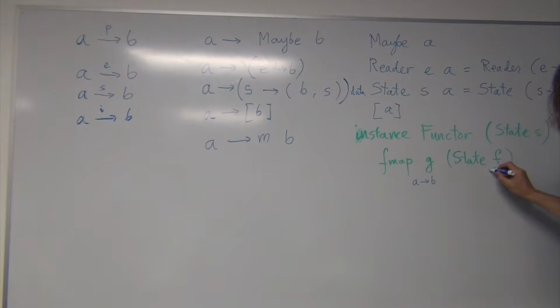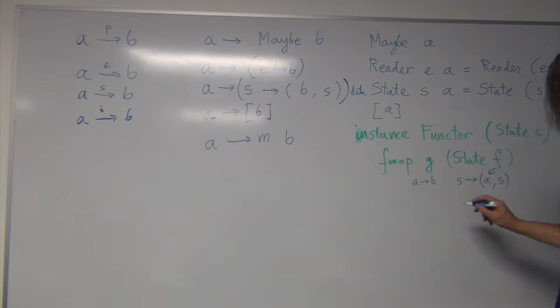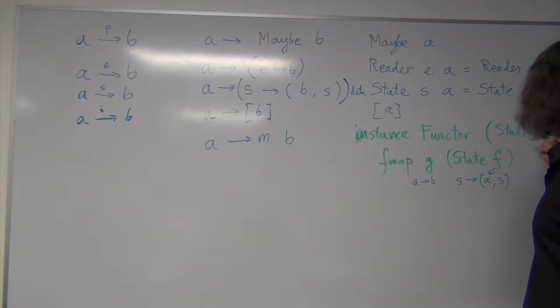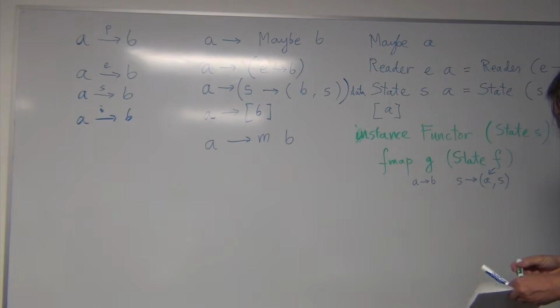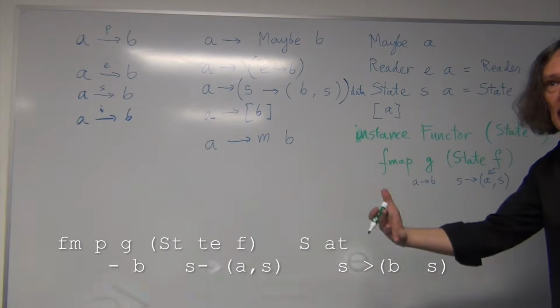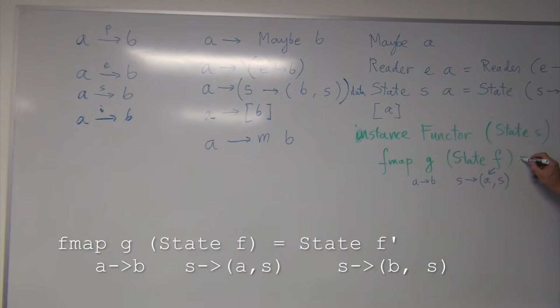So let me write the type of this f. This is a function from s to a pair a s. And what we want to return is, again, a state of some function f prime. So let me just write it first. We'll do it in small steps, so that every step is understandable.